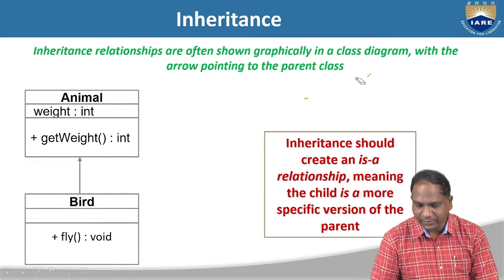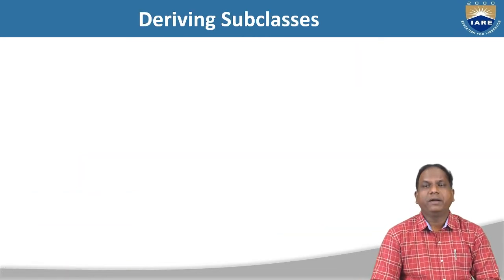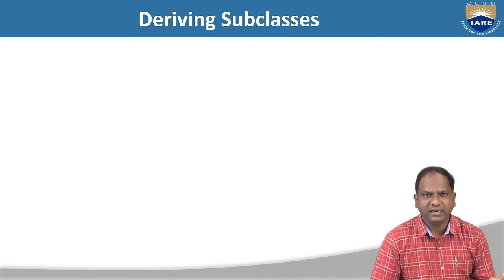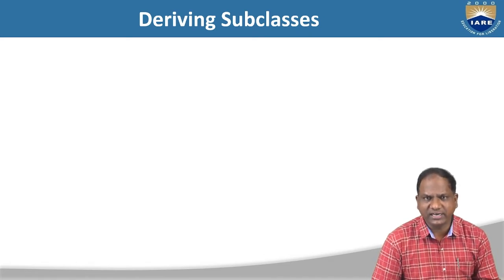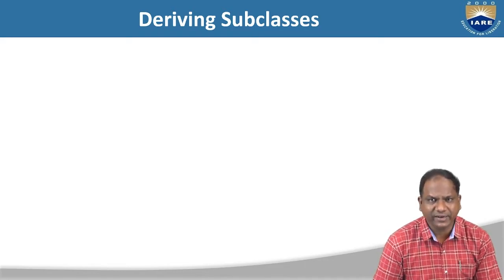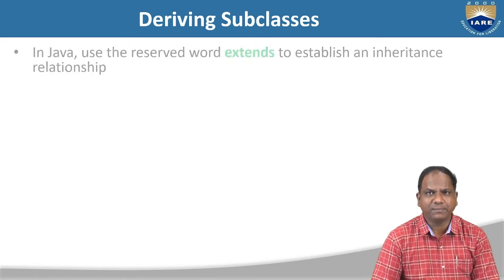Okay, now we'll go deeper. How can you create a child class? We've been discussing parent class and child class for the last two slides. You create a new class, called a child class, from an existing class, called a parent class. But how? There is one syntax for deriving subclasses.